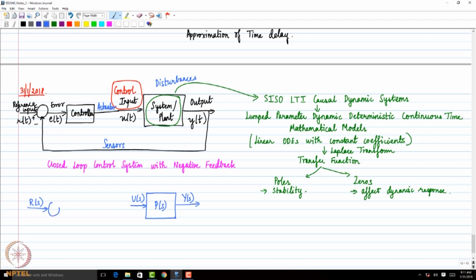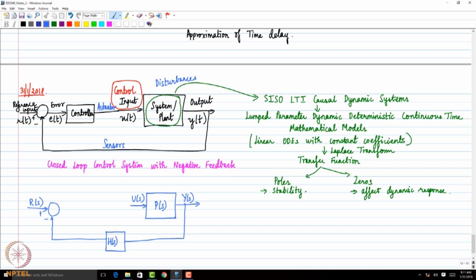And let us say we have some mapping in the feedback path, without loss of generality, which we call H of S, right? So if H of S is 1, we have what is called unity feedback, right? We discussed unity feedback and non-unity feedback. I'm going to come to that once again.